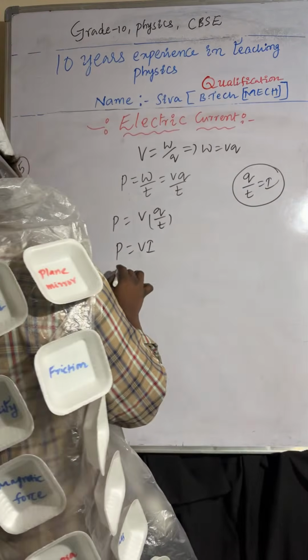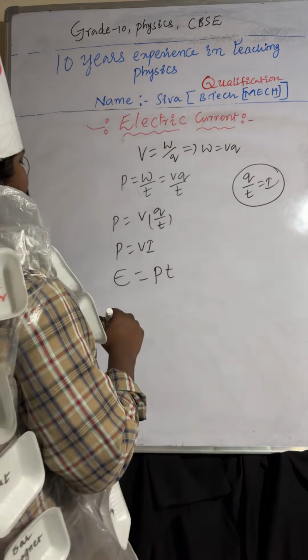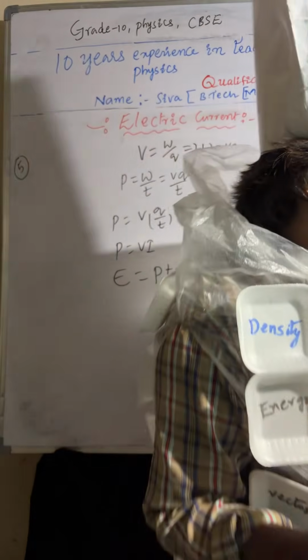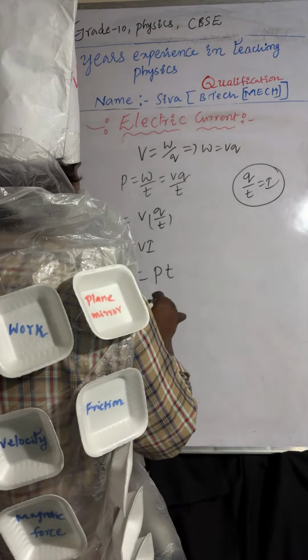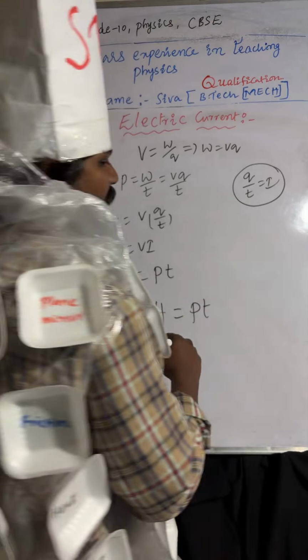Now, energy given to the conductor is equal to P into T. Whatever energy is given to the conductor will be converted in the form of heat.